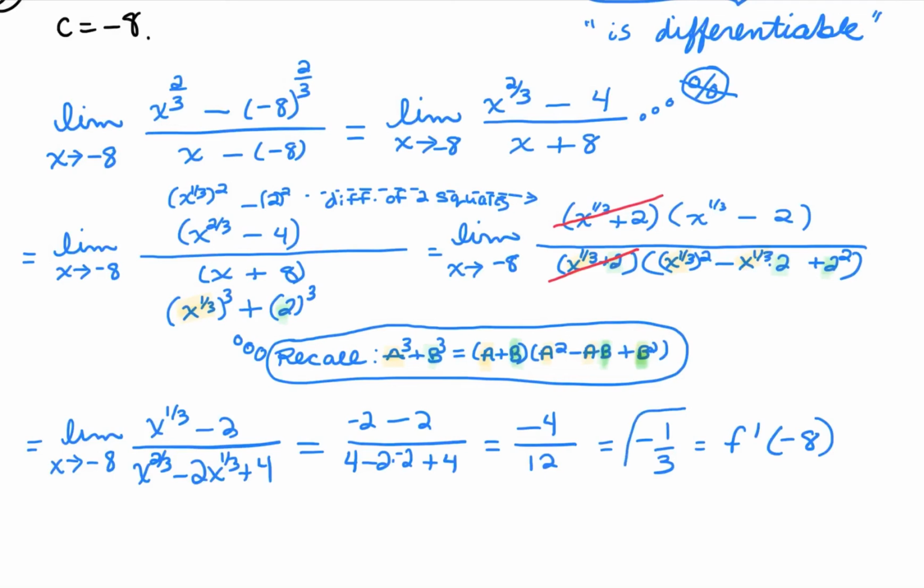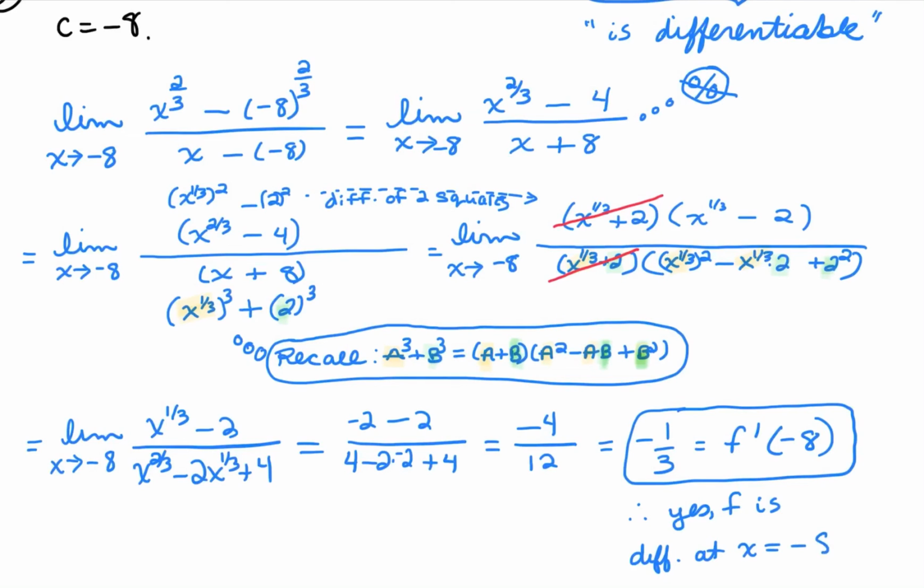Because we are able to evaluate that limit, I'll just say therefore, yes, f is differentiable at x equals -8. And in fact, the slope of the tangent line at -8 is equal to negative 1/3. So that's the last one for this section. That was a meaty section.